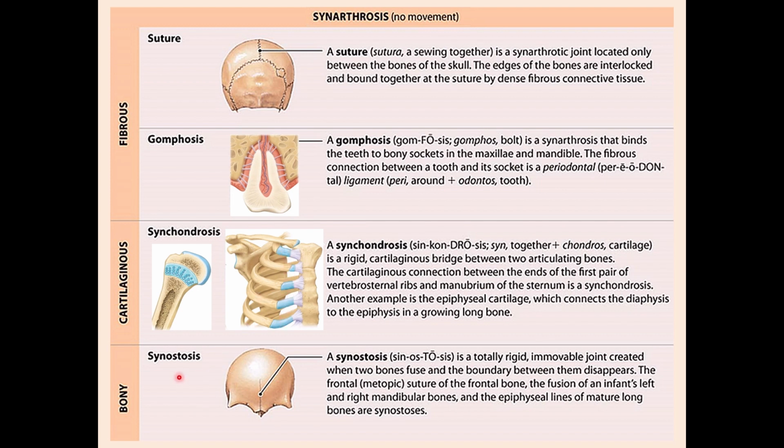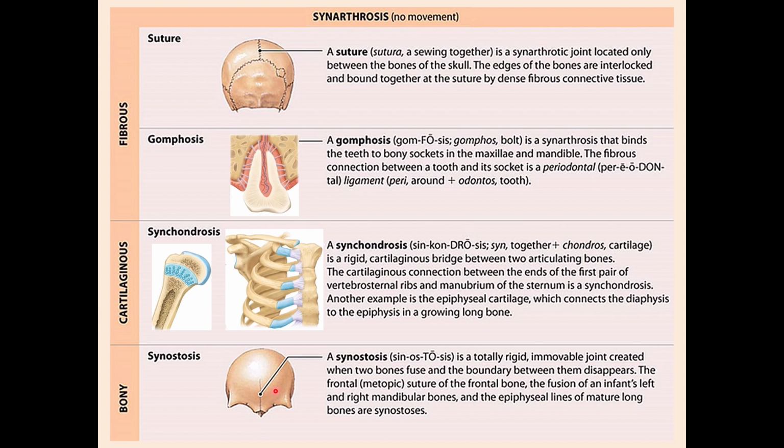The third type of Synarthrosis is called Synostosis. This is made of a connection between two bones. One example is the frontal bone. Initially, when a baby is born, the frontal bone is a little bit separated, one on each side, but then they fuse together, and they are immobile, so they cannot move.